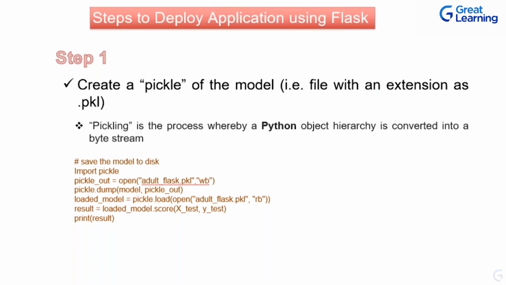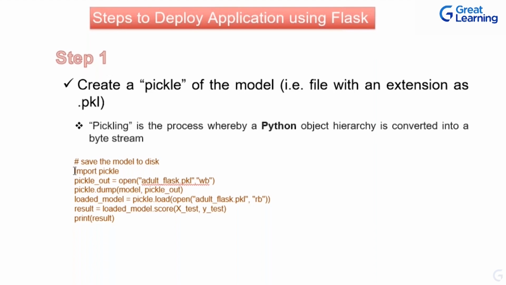In a very broad way, you can assume pickling is a process wherein the model which you have created, you are converting into an object file. Why are we trying to do that? We are trying to do that so that I can use this file for the deployment. The file which you create has the extension .pkl.